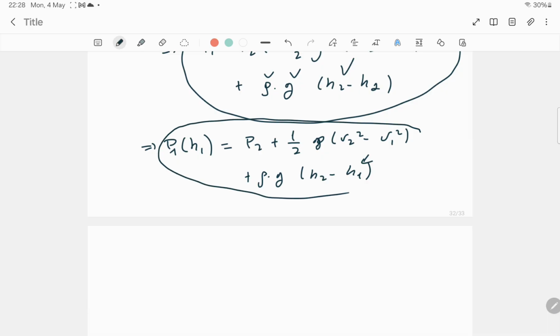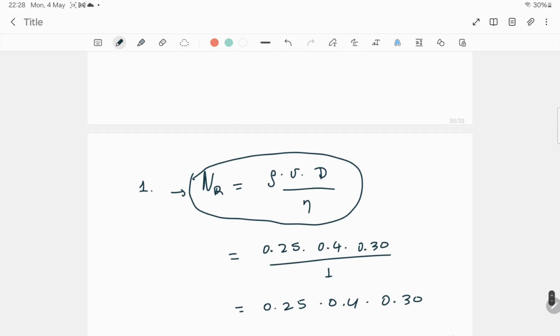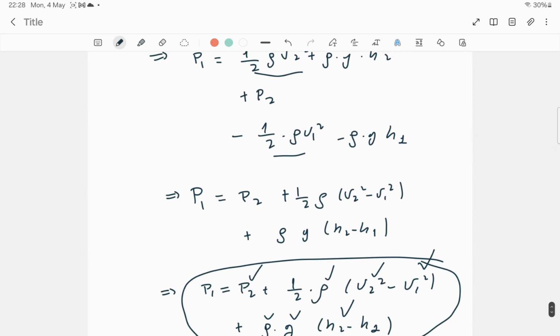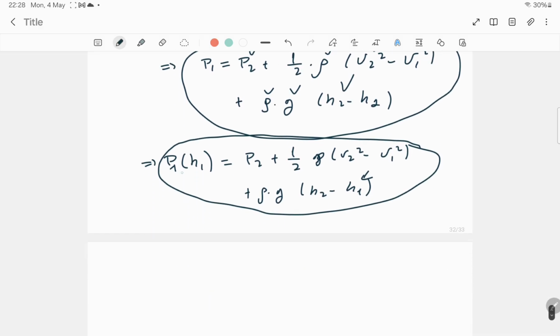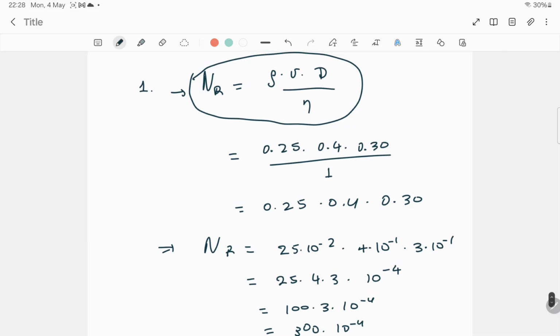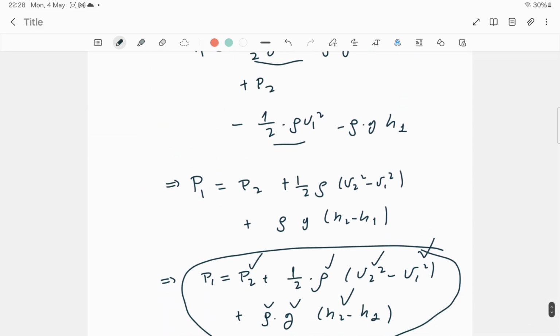So all you have to do is use Bernoulli's theorem to solve for P1, and you get a function in terms of the height H1. That's all you have to do. First problem is an application to find the Reynolds number. Second problem is a fluid problem.